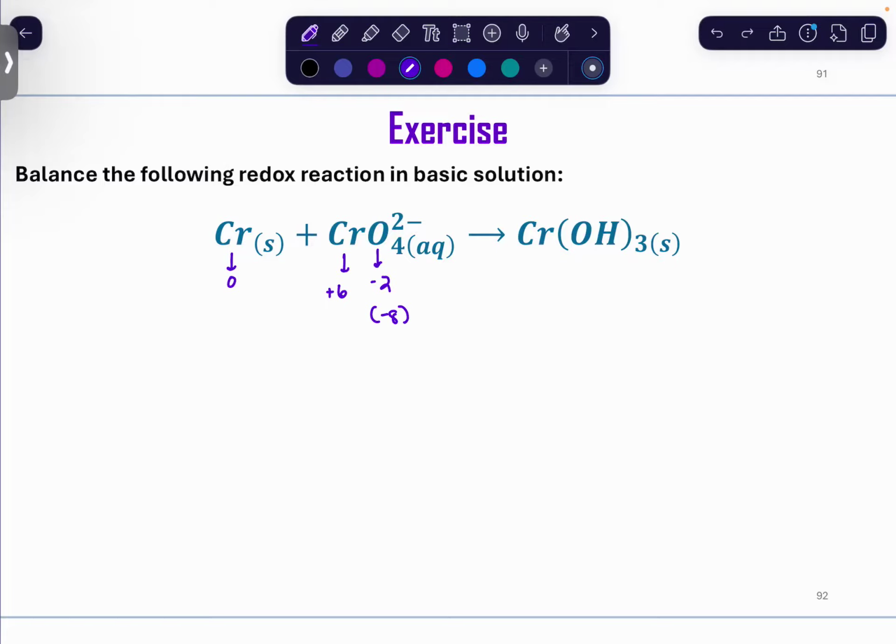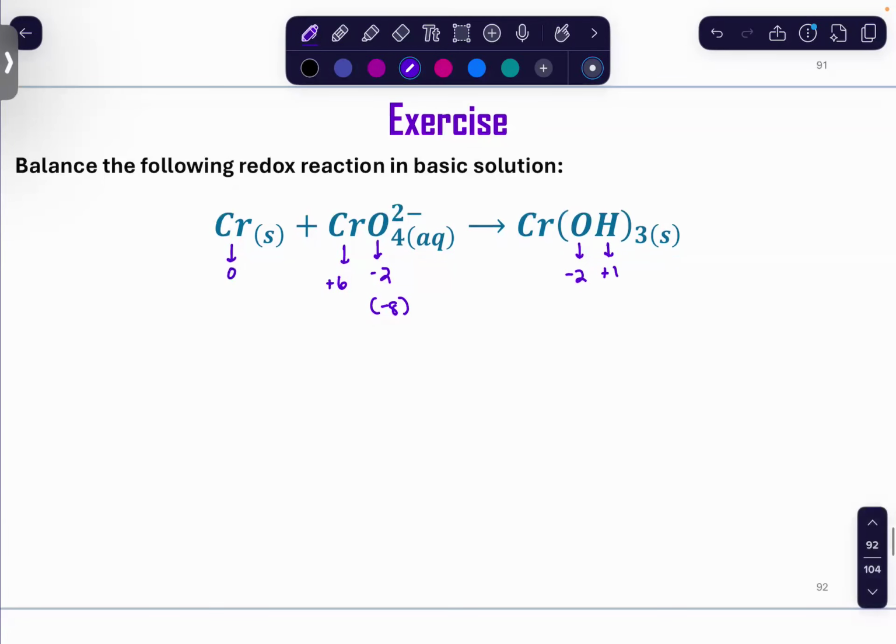Okay, now, here we're going to say oxygen is a -2, hydrogen is a +1, which makes sense because all hydroxides are a -1. And when I have 3 of them, gives me a total charge of -3, which means chromium here has to be a +3 because the whole molecule is neutral.